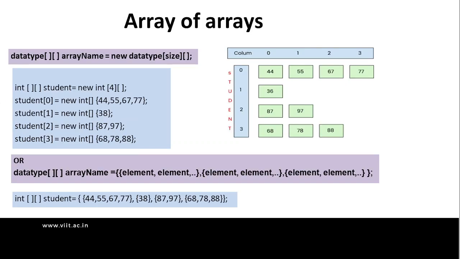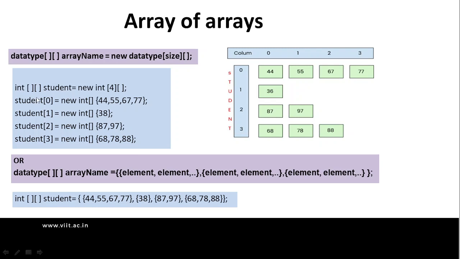Then arrays of arrays. Single dimensional, double dimensional, or triple dimensional arrays are different, and an array of arrays is a different concept. For it you provide the data type, a double array name, equal to new data type with the size of the array in brackets, which gives a structure of columns and arrays.